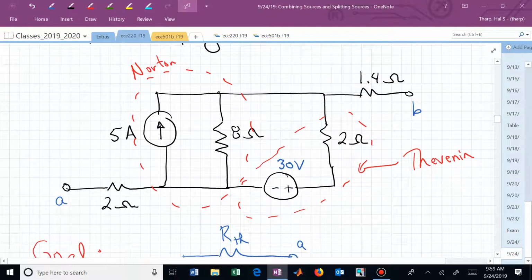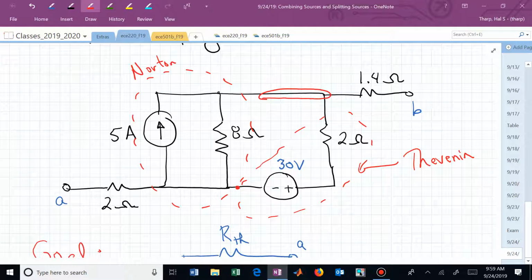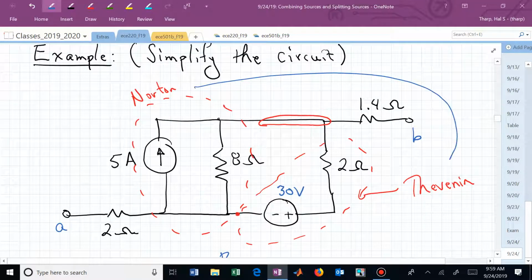But do you see how those are connected to each other? They're in parallel with each other. They share two common nodes. This Norton source and that Thevenin source are in parallel.